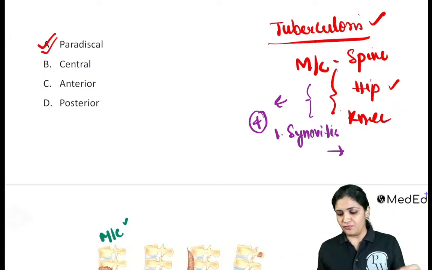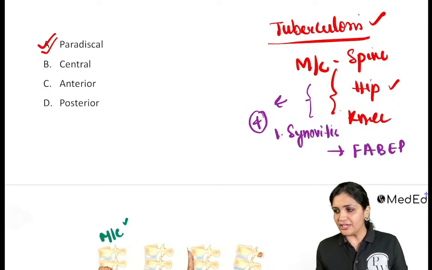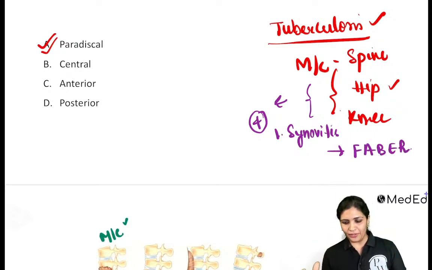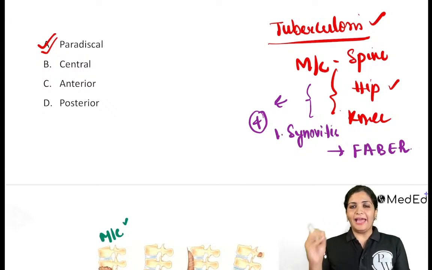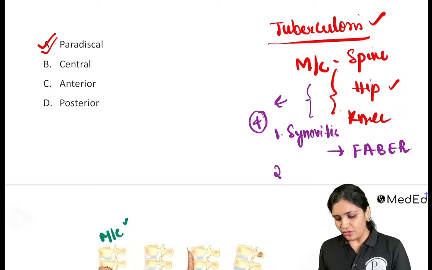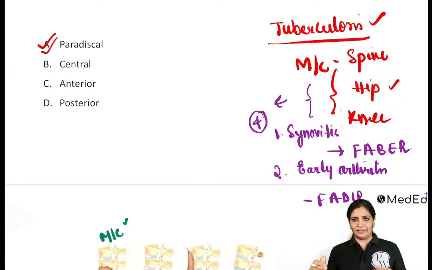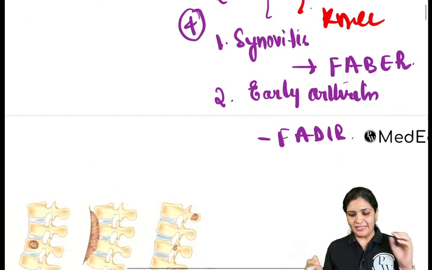To accommodate this fluid, the joint goes into FABER, that is flexion, abduction and external rotation in the hip joint, and flexion in the knee joint. Then after synovitis, it goes into early arthritis, where the attitude changes to FADIR, that is flexion, adduction and internal rotation.